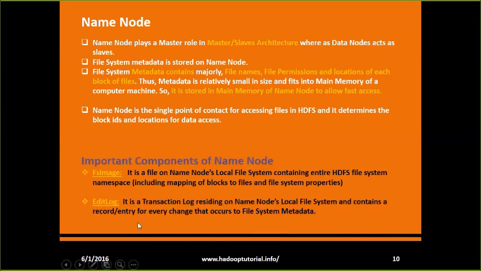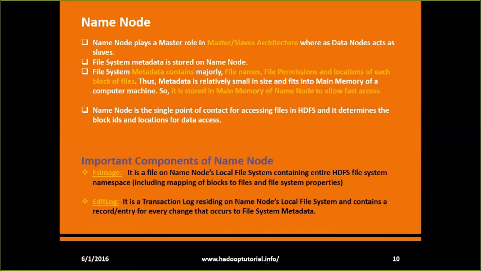So the important components inside the name node are, one is the fsimage file, second one is the edit log. The fsimage file is the file system metadata file, which contains all these things: file names, file permissions, locations, including mapping of blocks to files and file system properties.